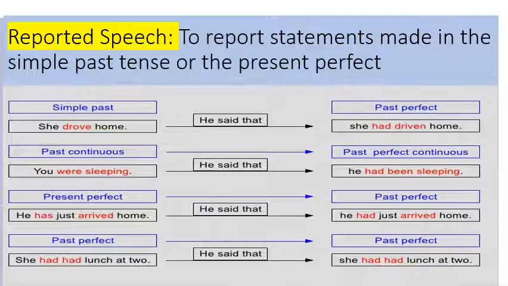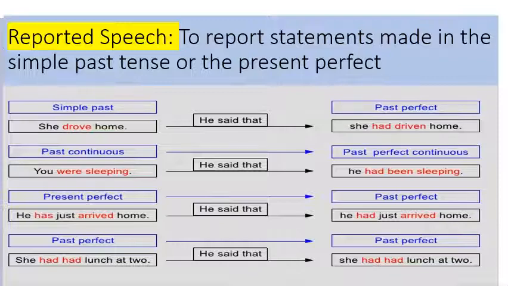Let's have a look. If your original sentence, which is the direct speech, is in the simple past, for example, she drove home, and you want to change it into indirect speech or reported speech, she said that she had driven home. You change it into past perfect.